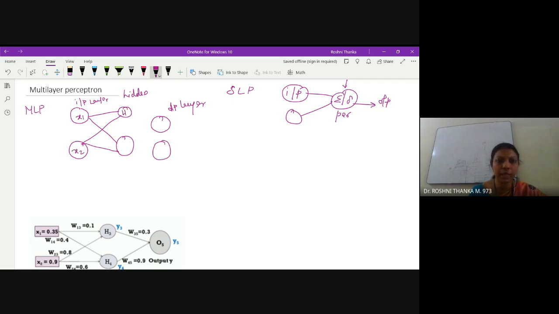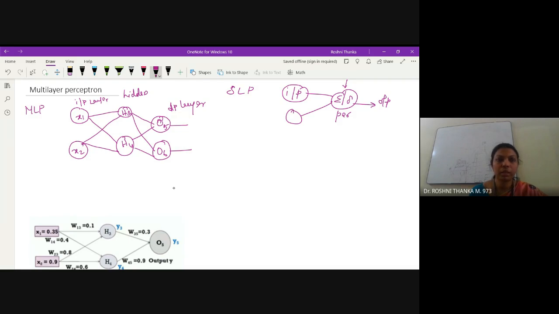This is the hidden layer, with hidden nodes H3 and H4. The output we get out of the hidden node H3 will again be passed to these two output layer nodes, which can be output 5, some name I am giving, and output 6. This again will be connected like this, and finally we'll get some output here. That will be our output.